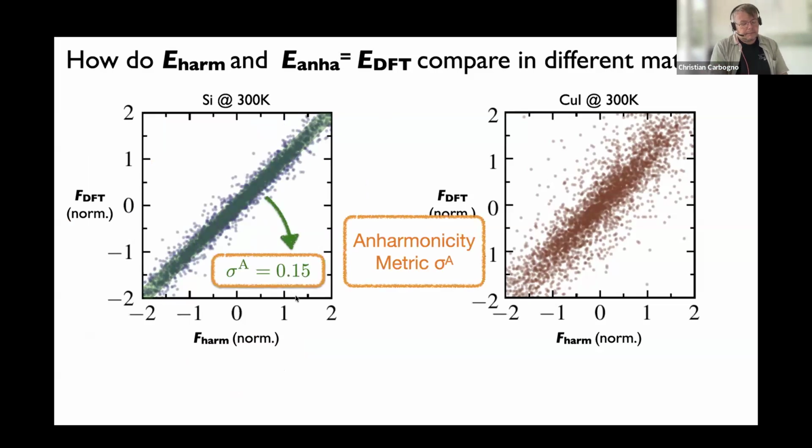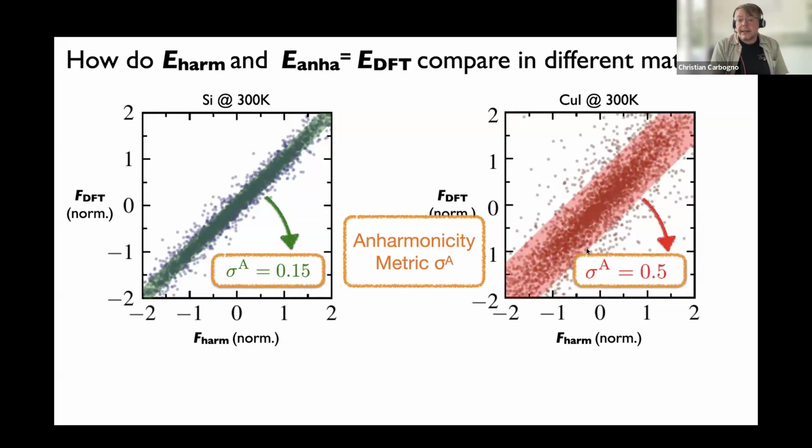If you go through all the derivation, you will discover that this tells you that 15% of the forces come from anharmonic effects, while 85% come from harmonic effects. This obviously tells you, good, this is a nicely harmonic material.